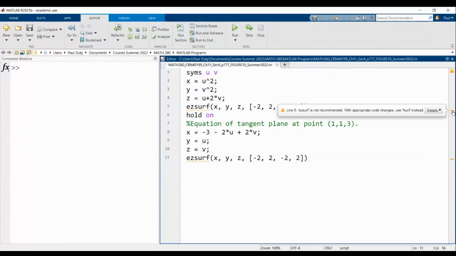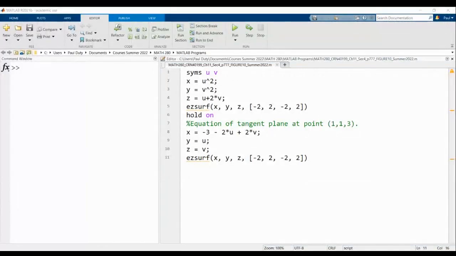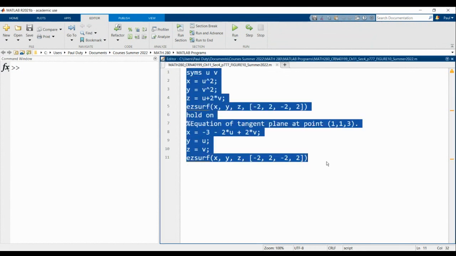They talk about using fsurf, that's fine, but I'm going to use easy surf because it makes sense to me. It's easy to graph a surface. Easy surf, I like it, and it still works in MATLAB. So let's just use it.